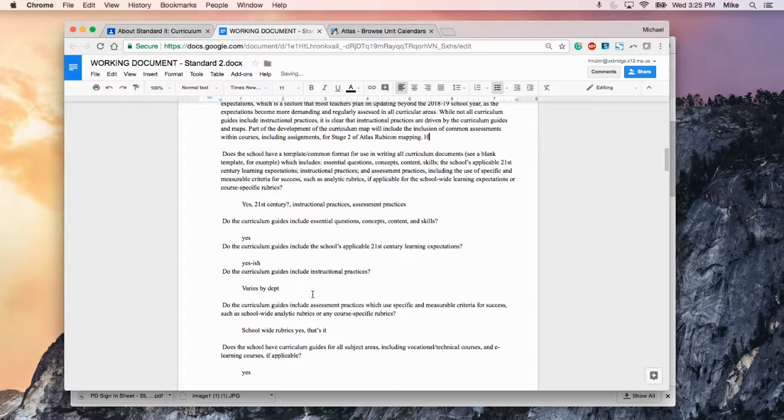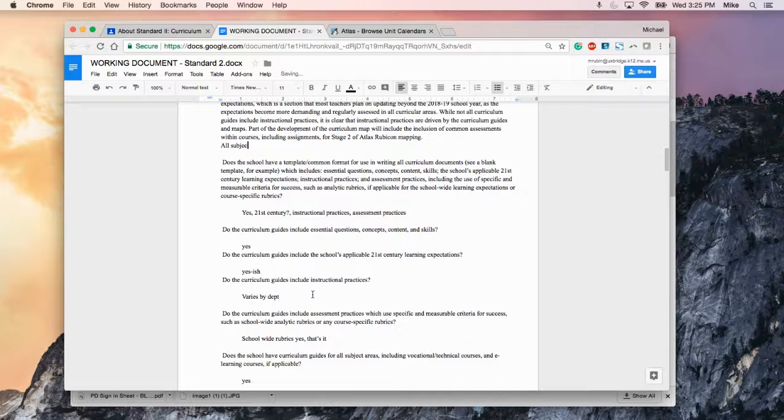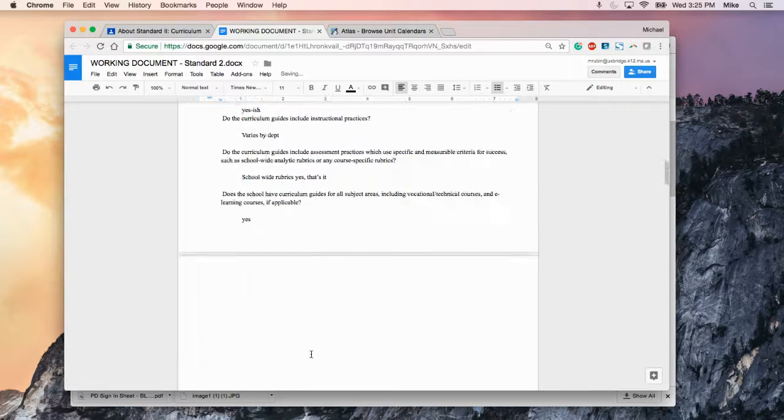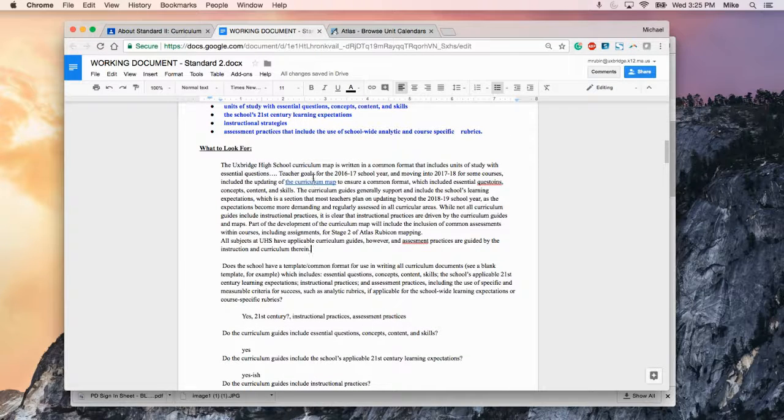However, all subjects at UHS have applicable curriculum guides, and assessment practices are guided by the instruction and curriculum therein. And we have just finished that, and the map says it.